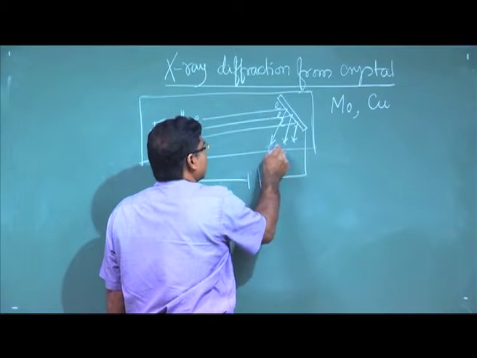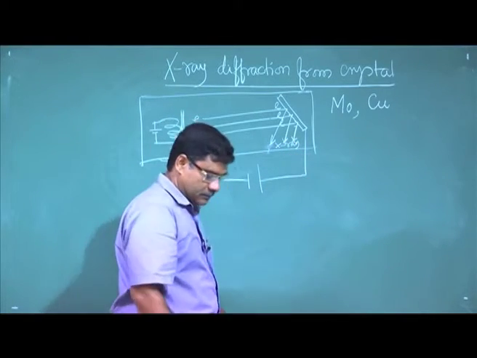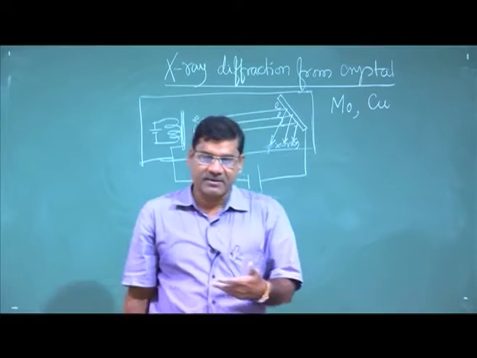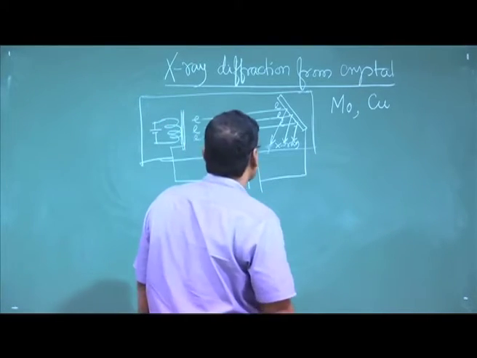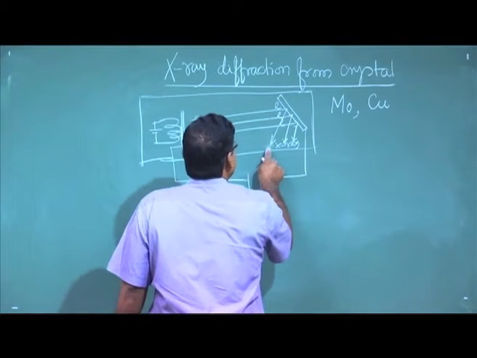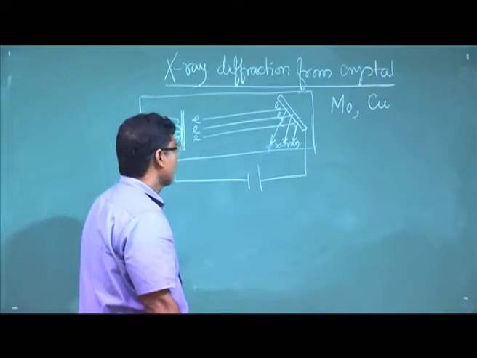So, that is what we call X-ray. Because its wavelength generally becomes very small, it cannot be in the range of visible light. So, this X-ray is coming out, this electromagnetic radiation is coming out, okay.